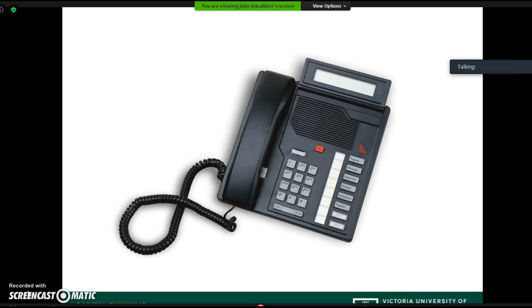This is starting to get old technology, but still what we have in our offices here in Wellington, although they are taking the phones away from us. So anyway, this red light was flashing, and I picked up the phone and I put in my code and I listened to the message, and I didn't understand what was being said. It was a very broken phone line. It was a very garbled message. So I thought, I don't know what this is about. So I just deleted it.